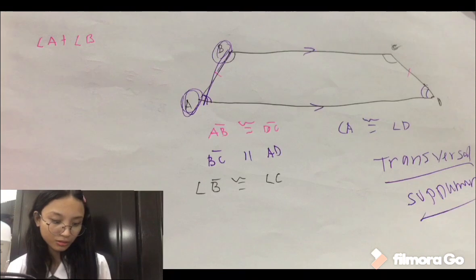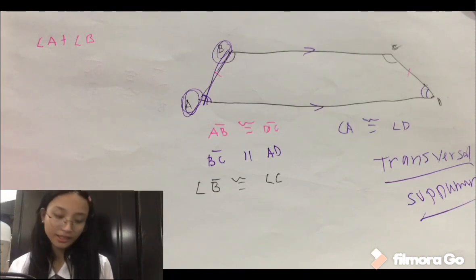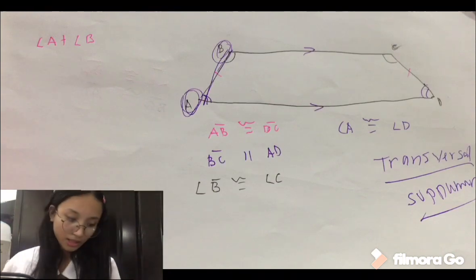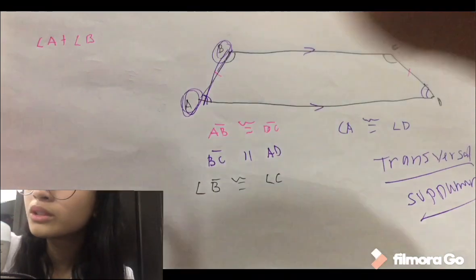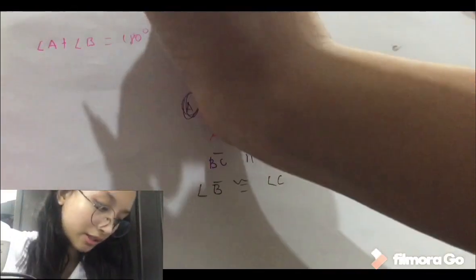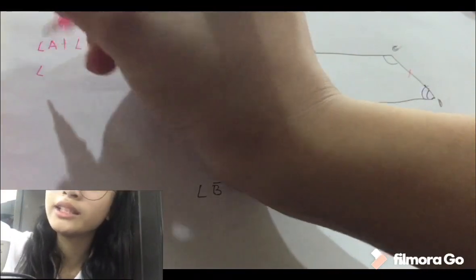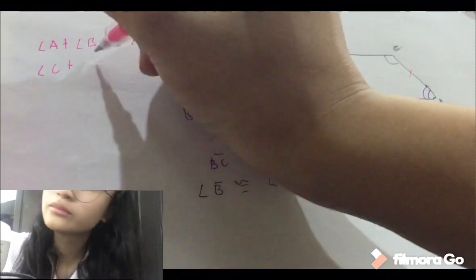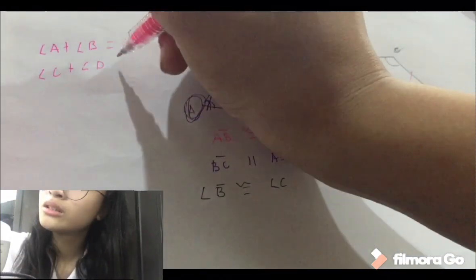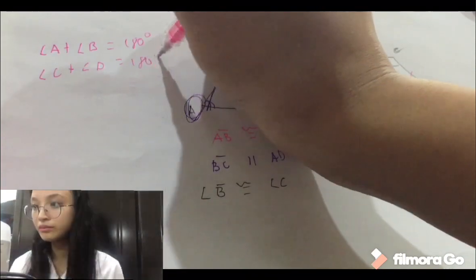Now the same is true for C and D. Angle C plus angle D will also equal 180.